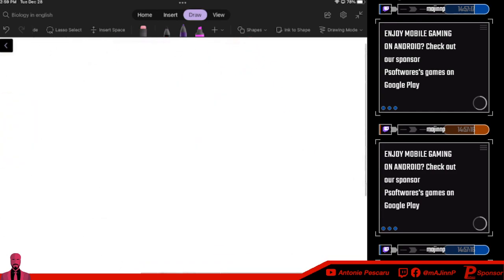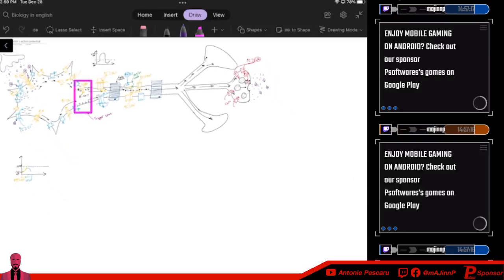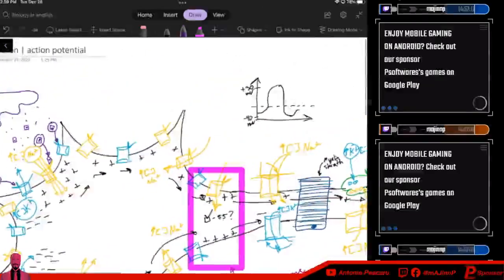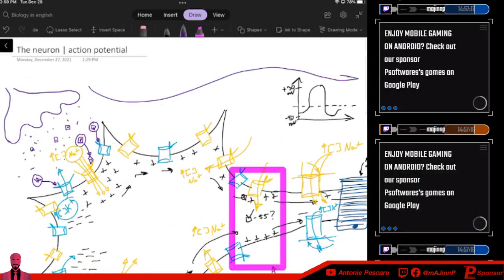And that is how, ladies and gentlemen, neurotransmission works from a neuron all the way to another neuron.